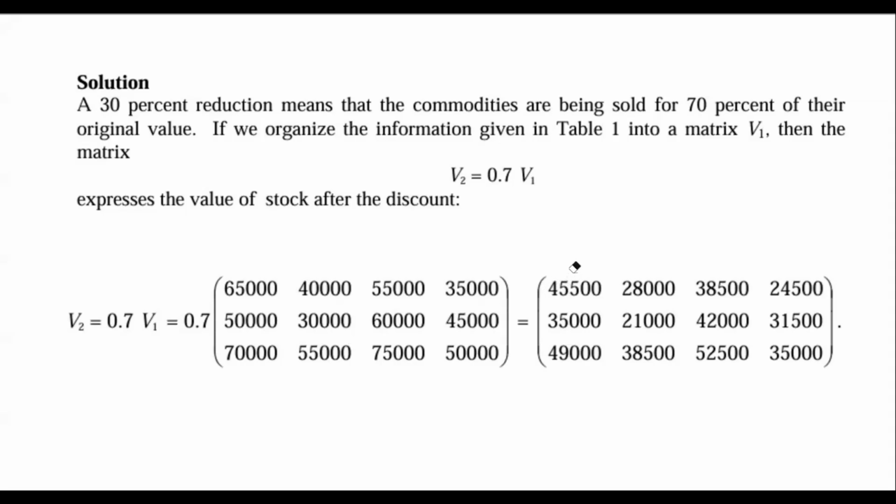C1 will be sold for that, C2 will be sold for that, C3 for that, C4, across branch 1, branch 2, branch 3. So that will tell you the discounted price of each item or commodity at the various branches.